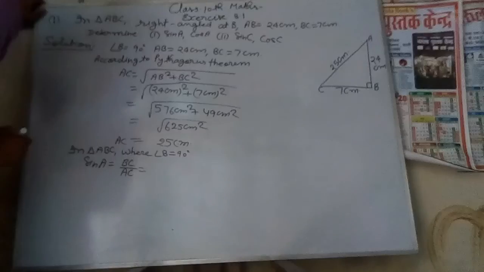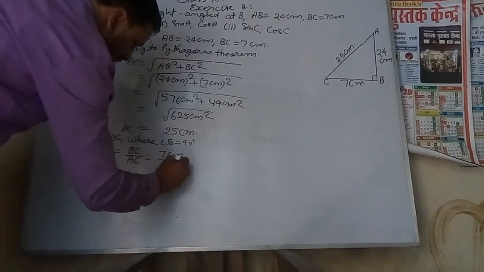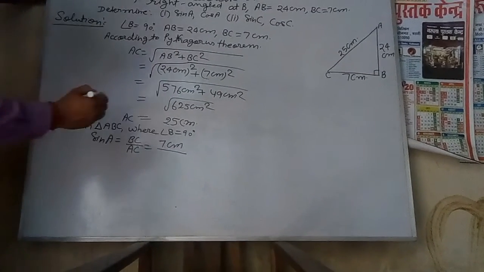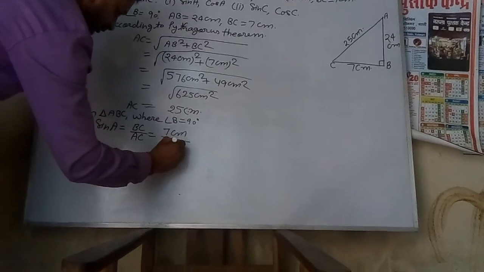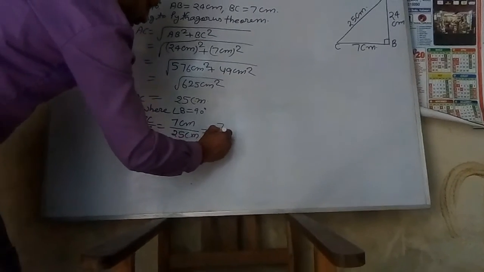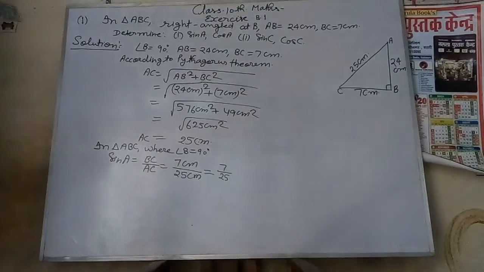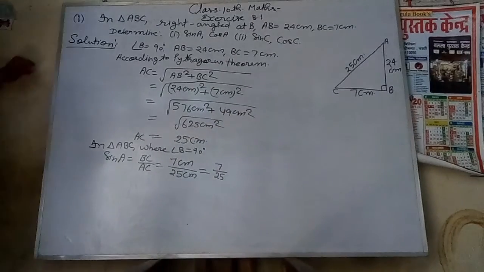Put the value of BC 7 centimeter and the value of AC 25 centimeter. It becomes 7 by 25. It means the value of sine A is 7 upon 25.